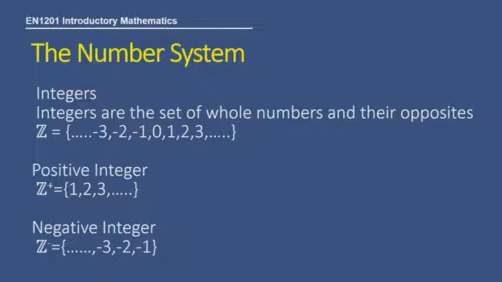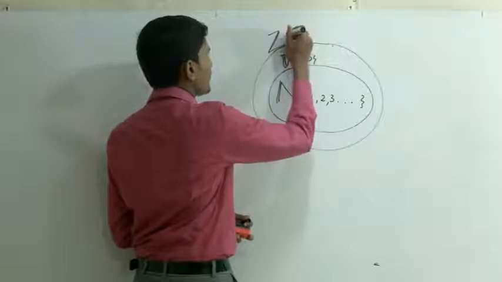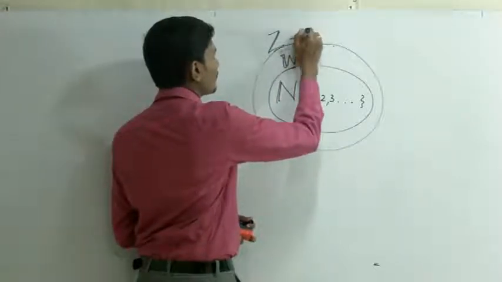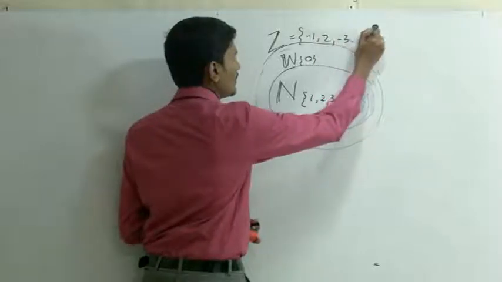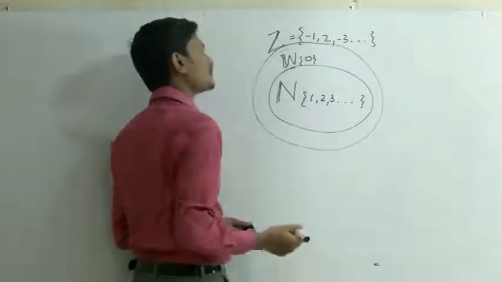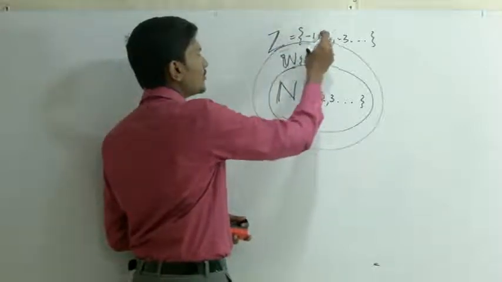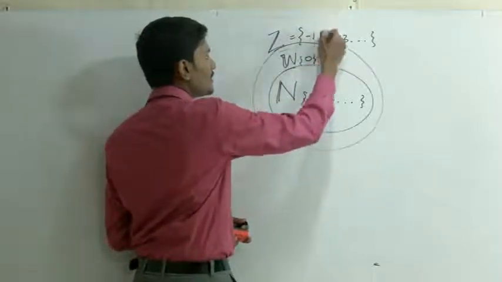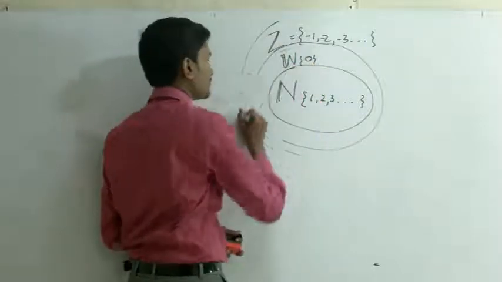All the opposites of natural numbers are negative integers. So, we have the integers denoted as Z, which have minus 1, minus 2, minus 3 and so on. So, the integers include these opposite numbers, this 0 and the natural numbers.